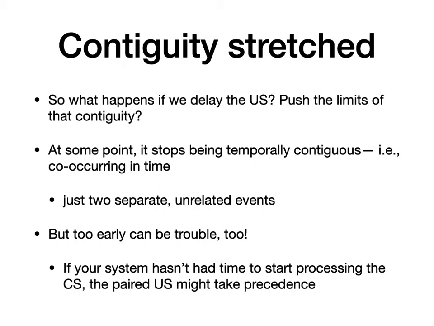So when does that stop happening, right? We know it works when it's a couple seconds before. How far can we push it, right? On the other hand, it can't be literally simultaneous because your system has to have some time to start processing these stimuli. Otherwise, if I ring the bell literally at the same time as I offer the dog food, they're going to be way too excited about food to care about the bell. It has to be this window of these events occurring together, right?